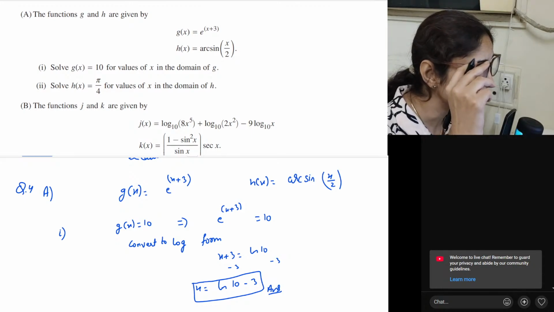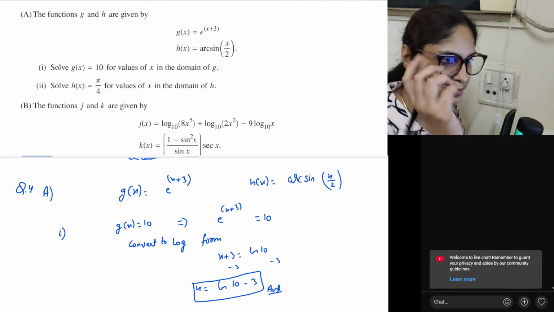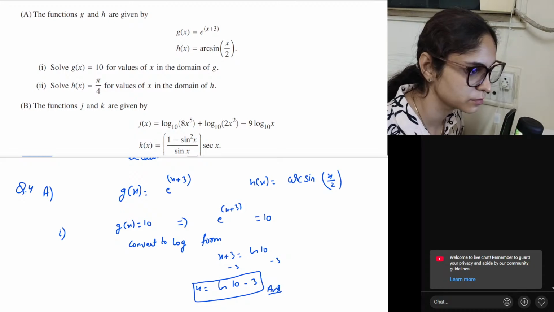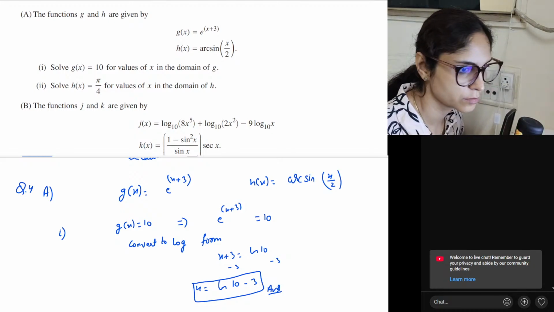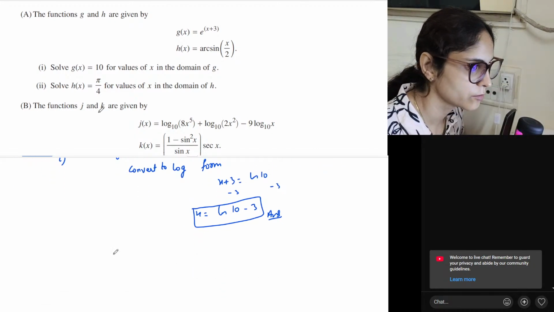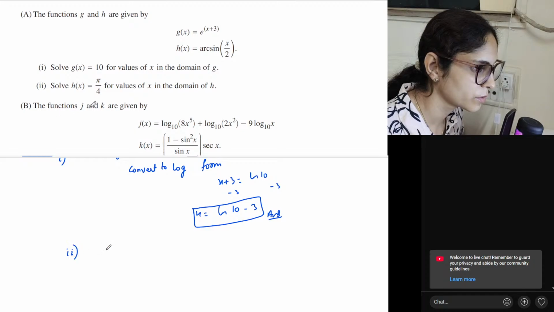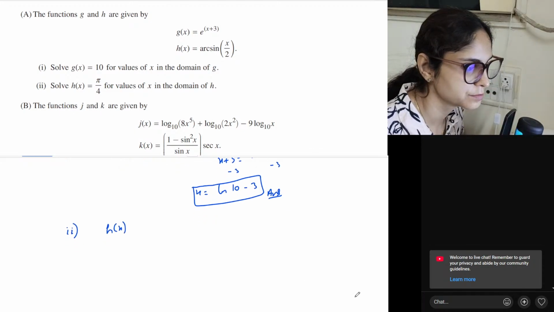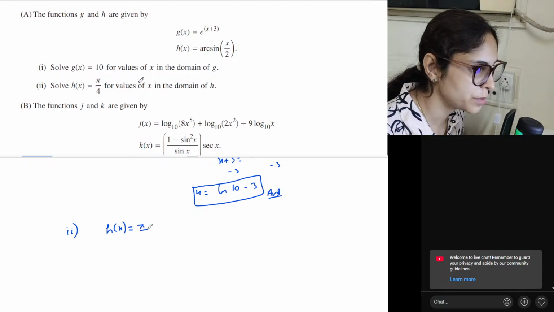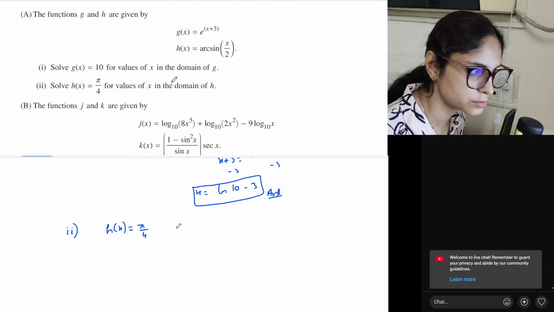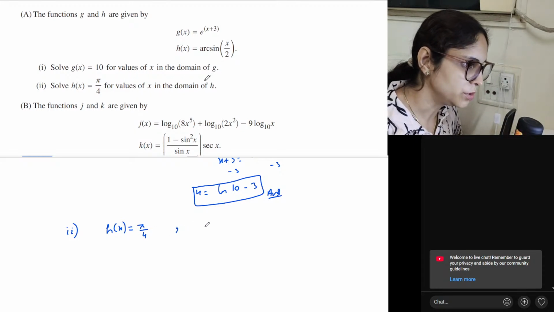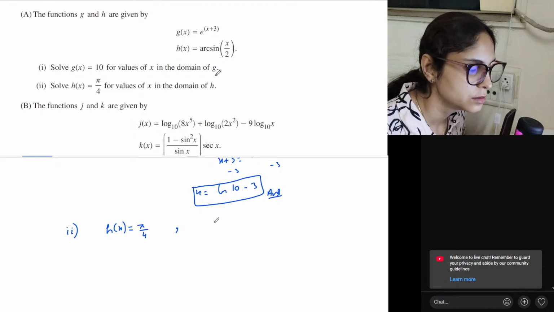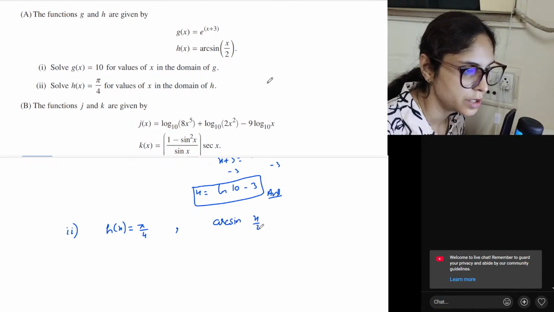Now we have to solve h of x is equal to pi over 4. So arc sine x over 2 will be equal to pi over 4.